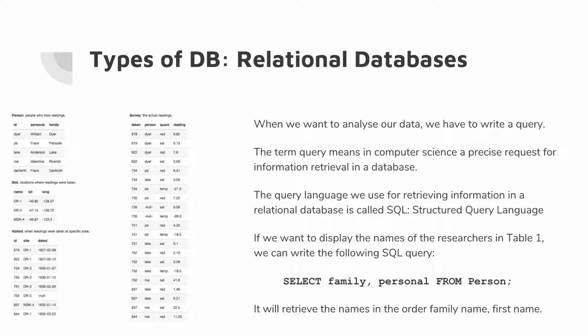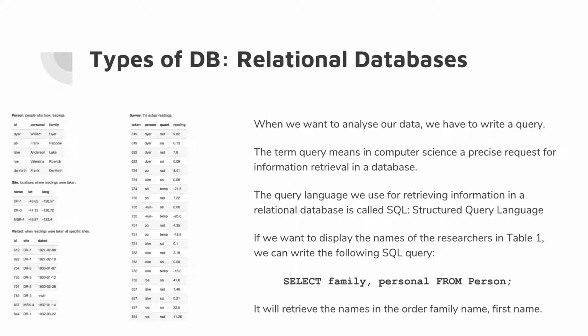We would write in capital letters, SELECT. Then we write family, which is the attribute in the 3rd column of table 1. We write a comma because we want to chain a couple of commands. And then we write personal, which is the 2nd attribute in the 1st table. We write in uppercase FROM, and then the name of the table we want to take the data out of.